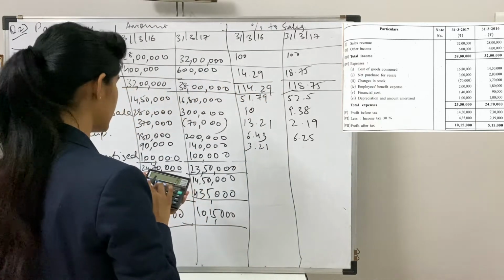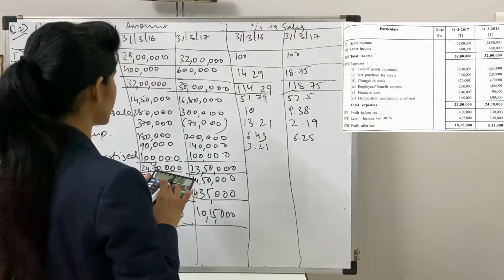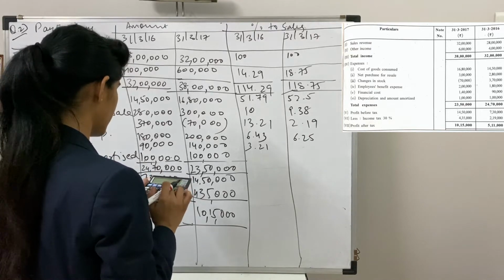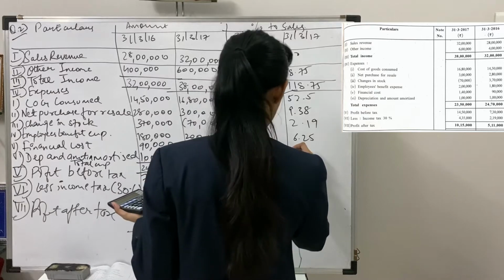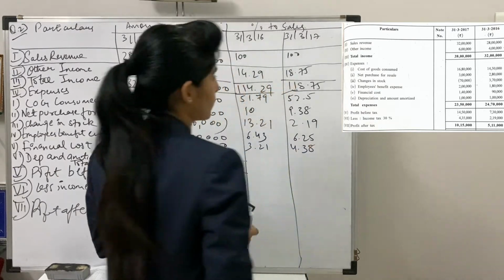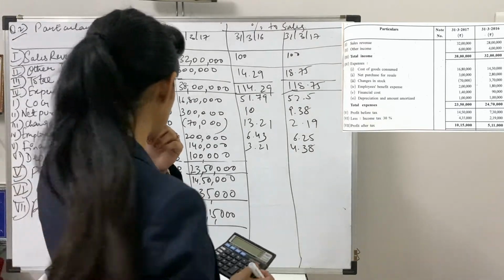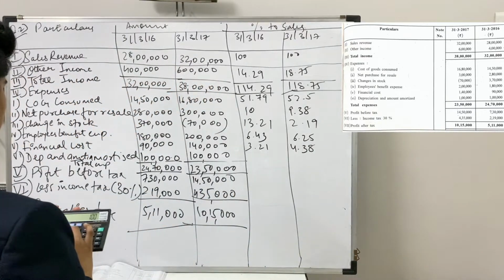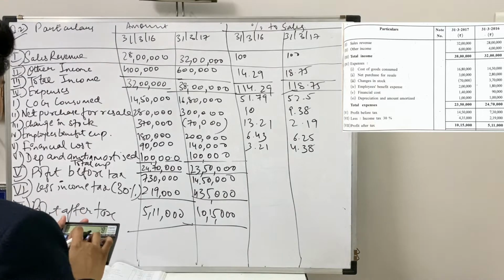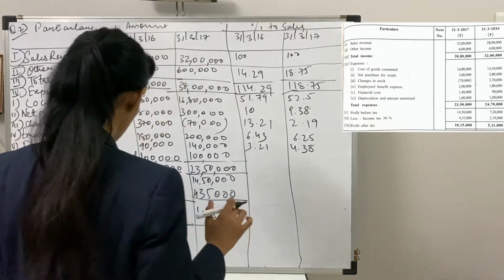Next, 1 lakh 40,000 into 100 divided by 32 lakh. Getting 4.375. We can write 4.38. Mostly, we need to put amounts up to 2 decimal places. Next is your 1 lakh into 100 divided by 28 lakh. We're getting 3.57.